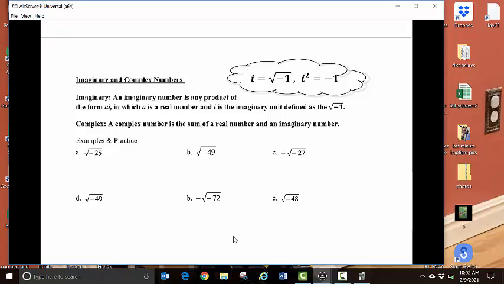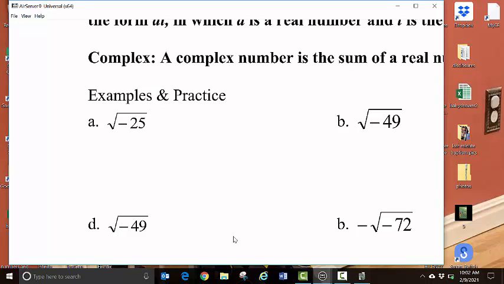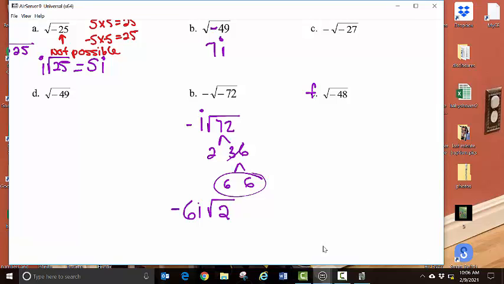And here's why. Can you think of two numbers that are the same and multiply together to make -25? Piper? So 5 and -5 don't work. For C, pull out the negative and make a tree for 27.